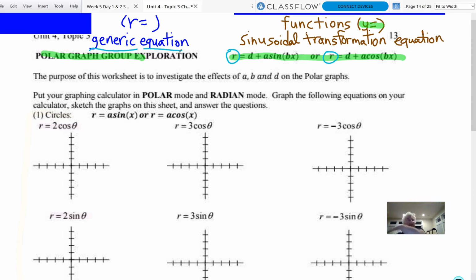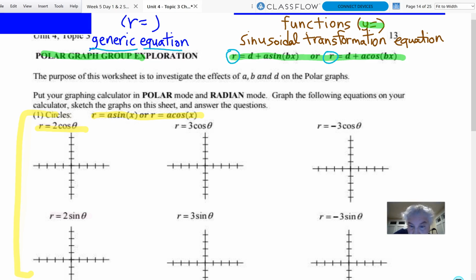So right now, I'm going to switch to GeoGebra, and I'm going to start with this first equation. Now notice, for this group of equations, these are circles, and the equations are generally in this format.